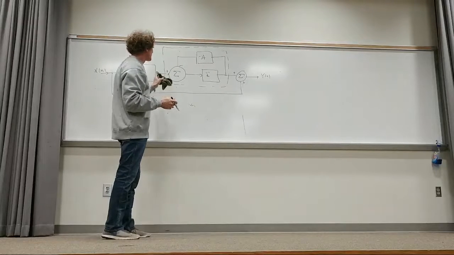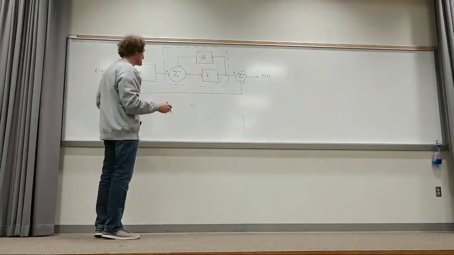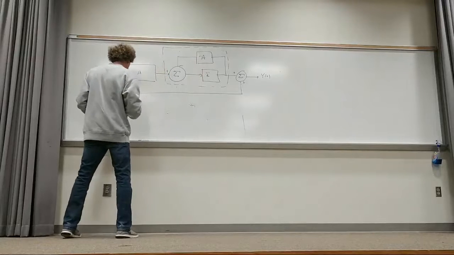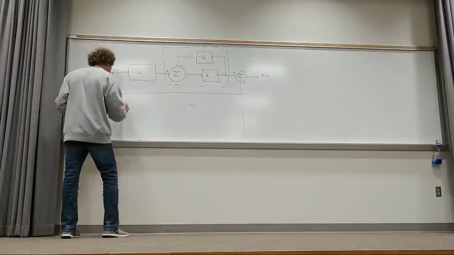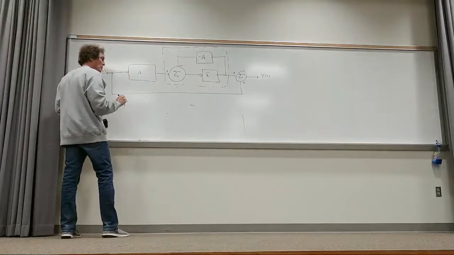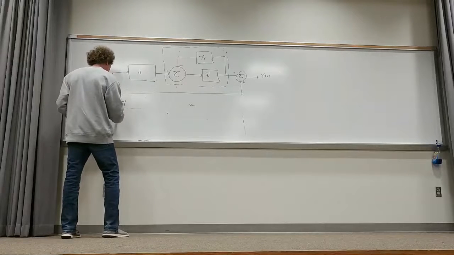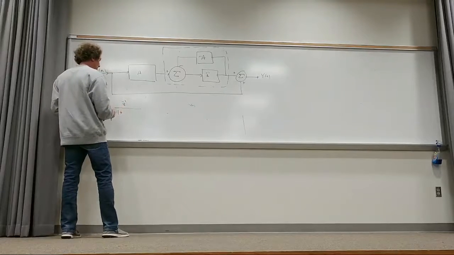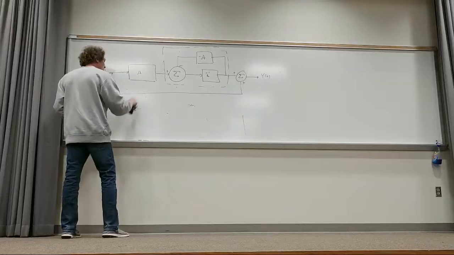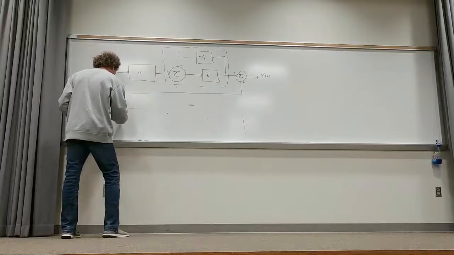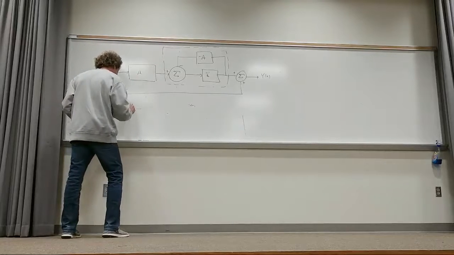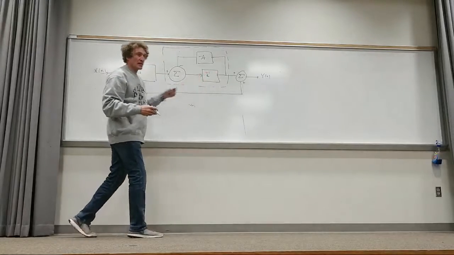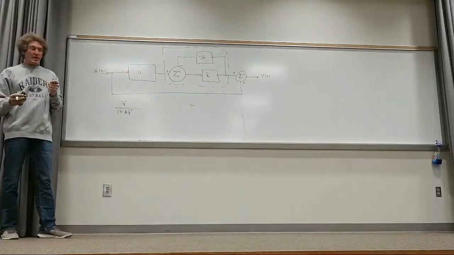If you do this, this whole section can be replaced, the section I have blotted there, by the function forward gain, or z to the minus 1, that's your forward gain, divided by 1 plus forward gain times reverse gain. Because the reverse gain is a minus a, it's going to be minus a z to the minus 1. Forward gain is always going to be the gain as you're going forward, z to the minus 1.